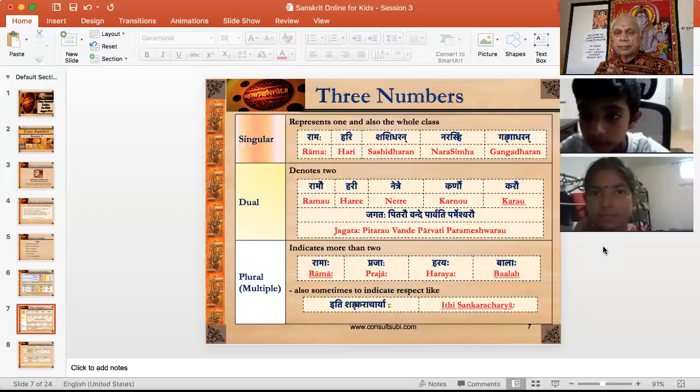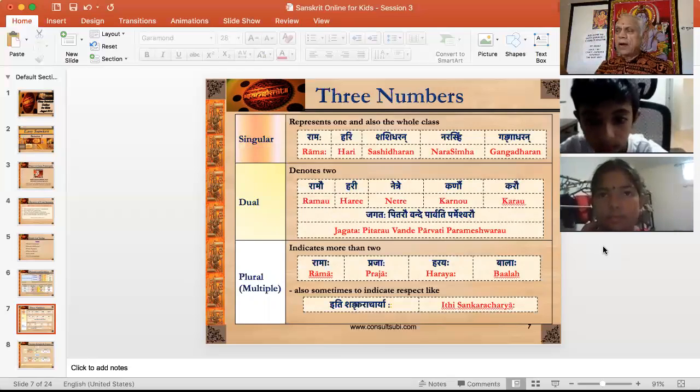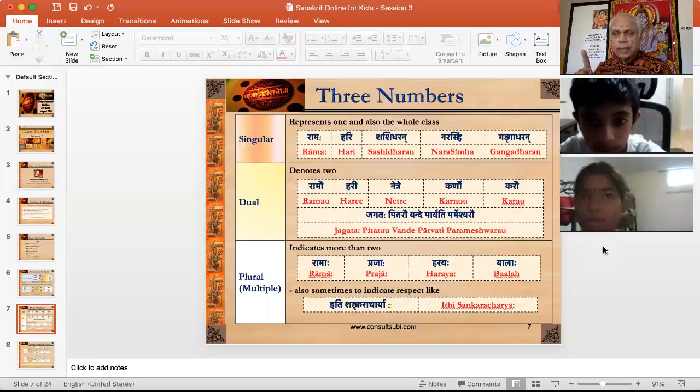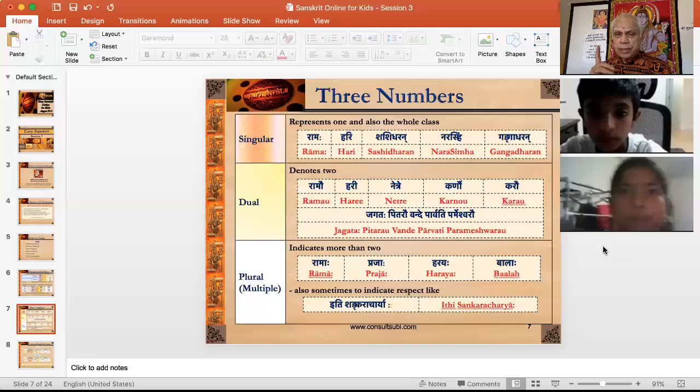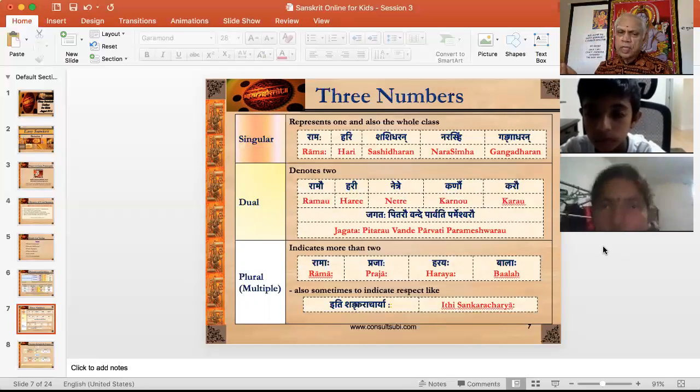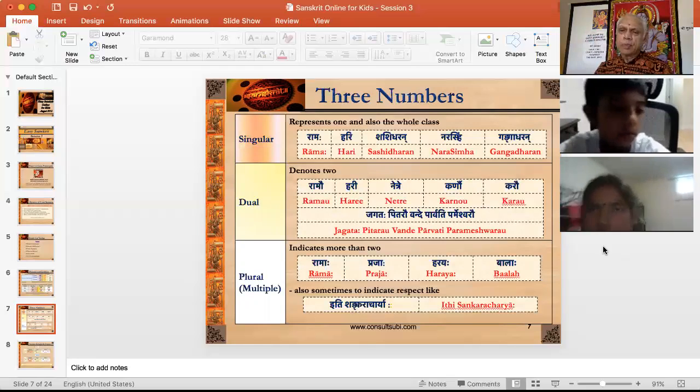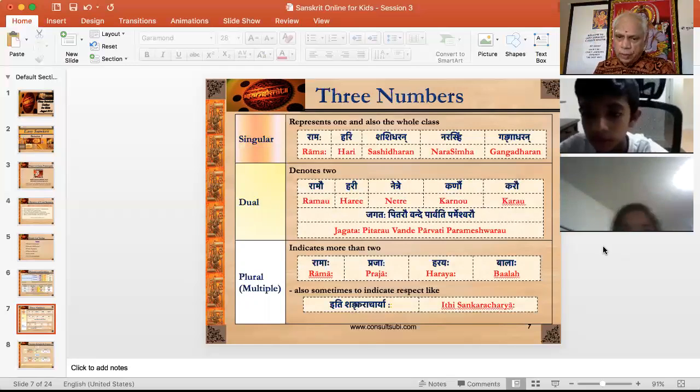Balaha, children. So you have 3 numbers, singular, dual, and plural. So remember, there are 3 numbers. You'll use mostly singular and plural, but sometimes you have to use dual also. Okay.